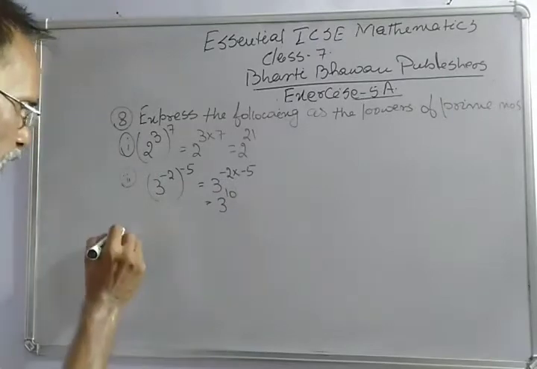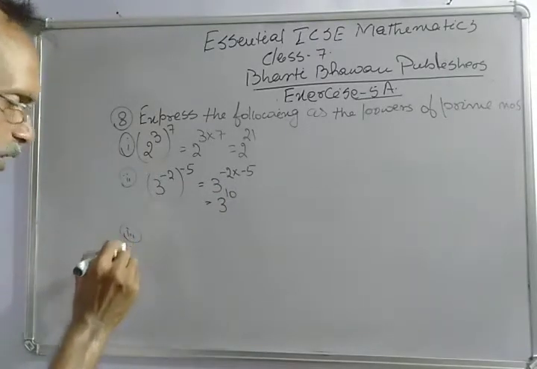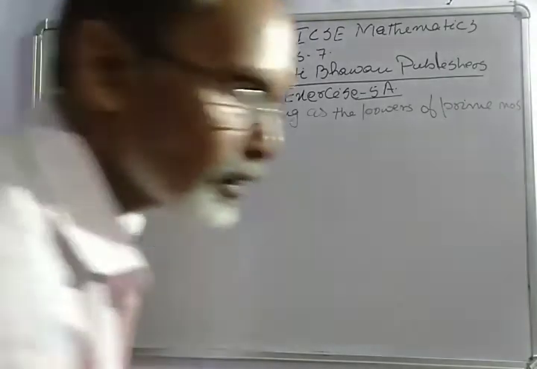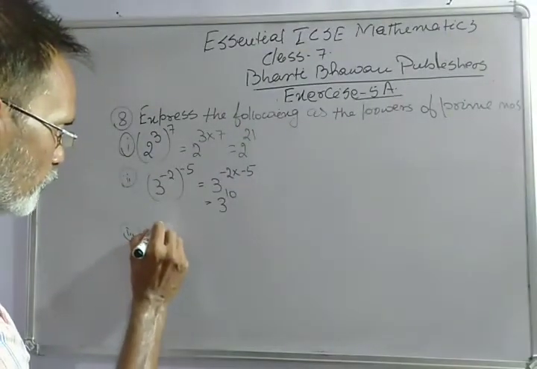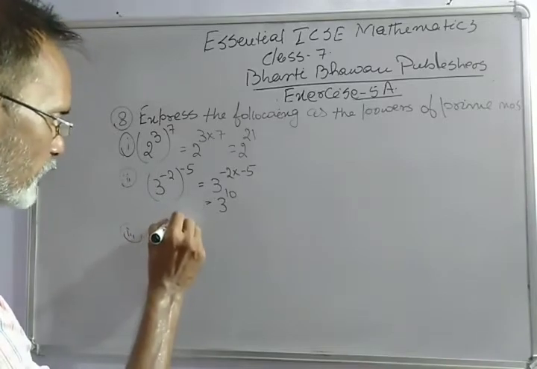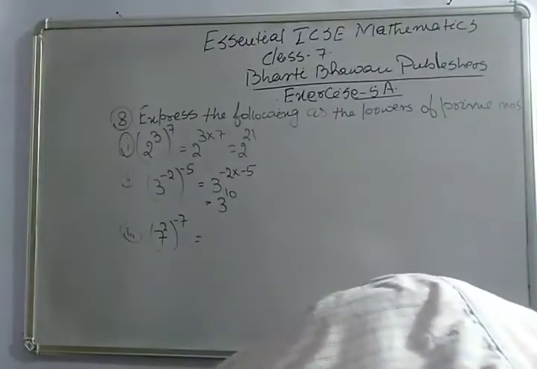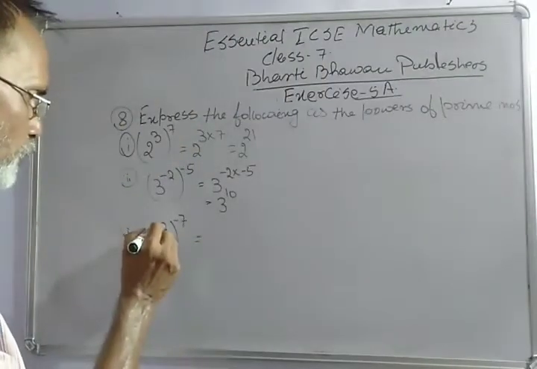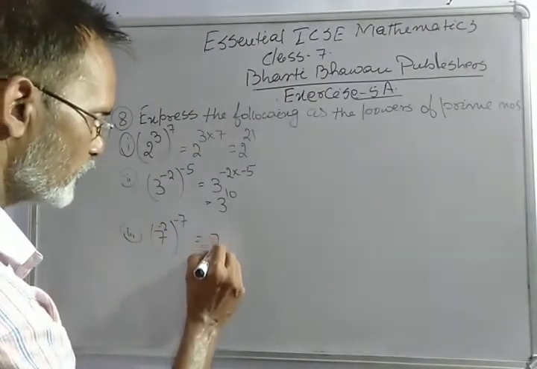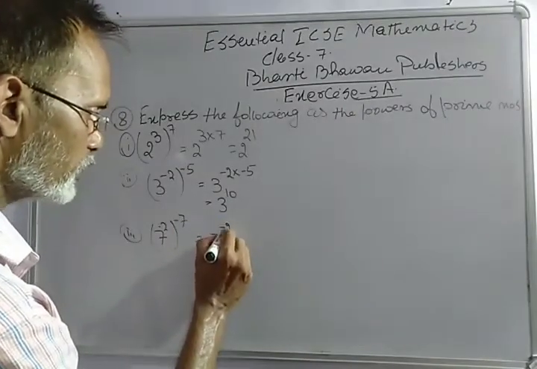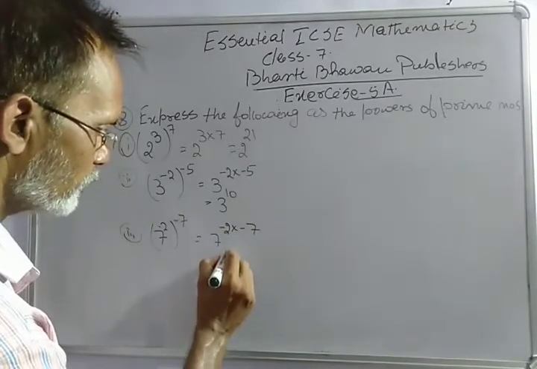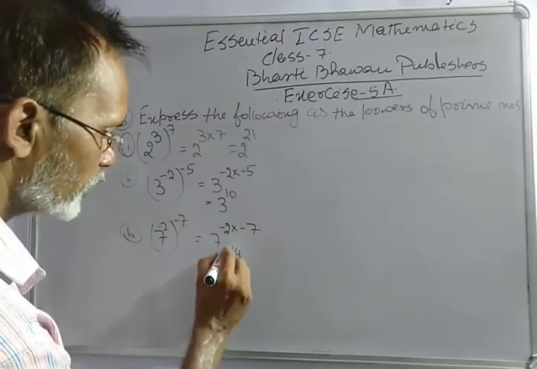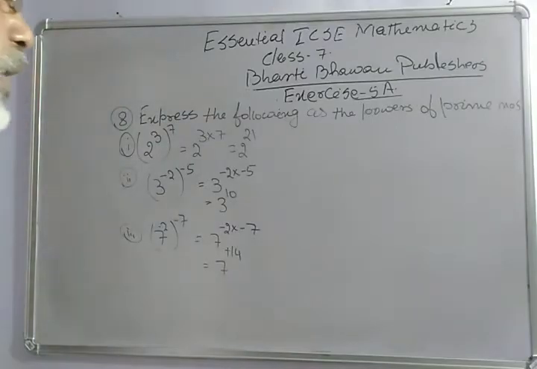Then number 3: 7 to the power minus 2, whole to the power minus 7. So this is equal to 7 to the power minus 2 into minus 7. So this is equal to 7 to the power plus 14.